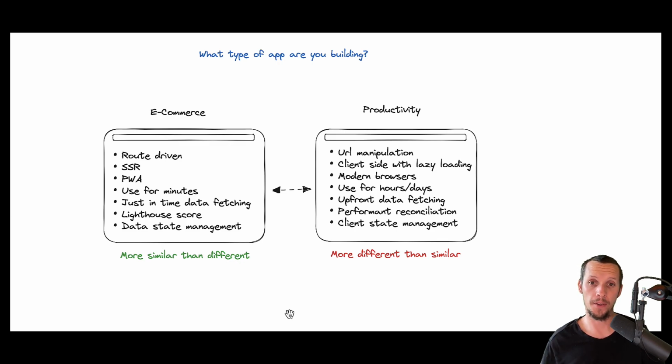But it gives us something to talk about. Because if you think about an e-commerce type of experience, it's very much route driven. The user is navigating routes all the time, and it's important that that feels like a seamless experience. But if you go to the far end of the productivity spectrum, you don't really navigate around different routes that way.